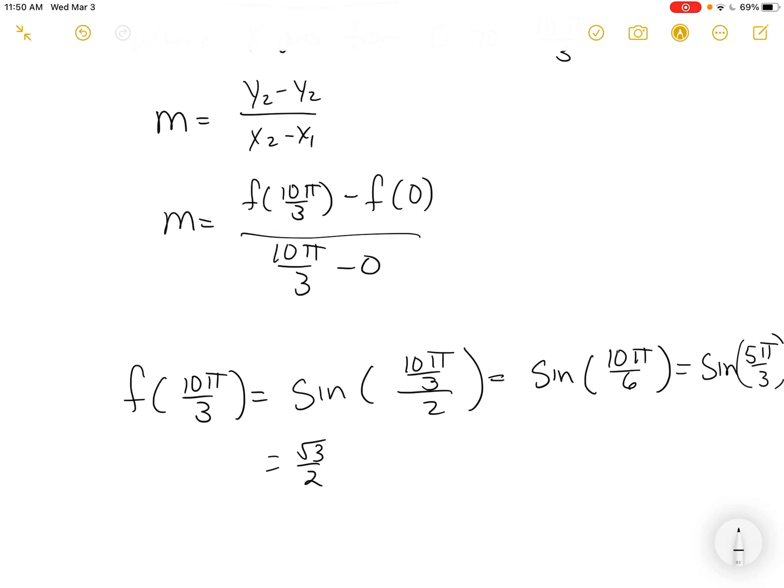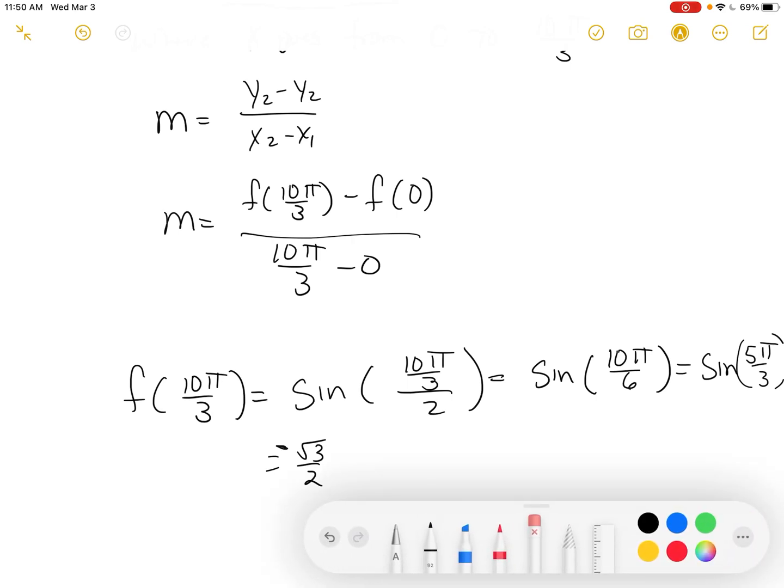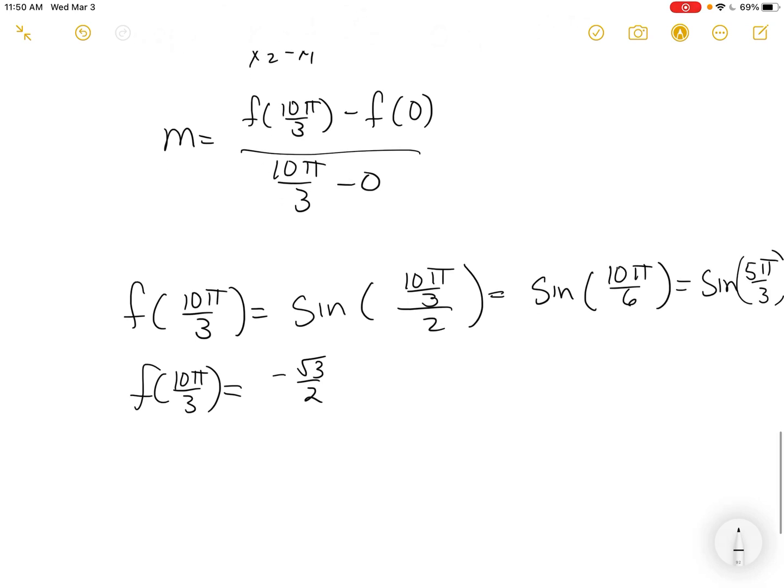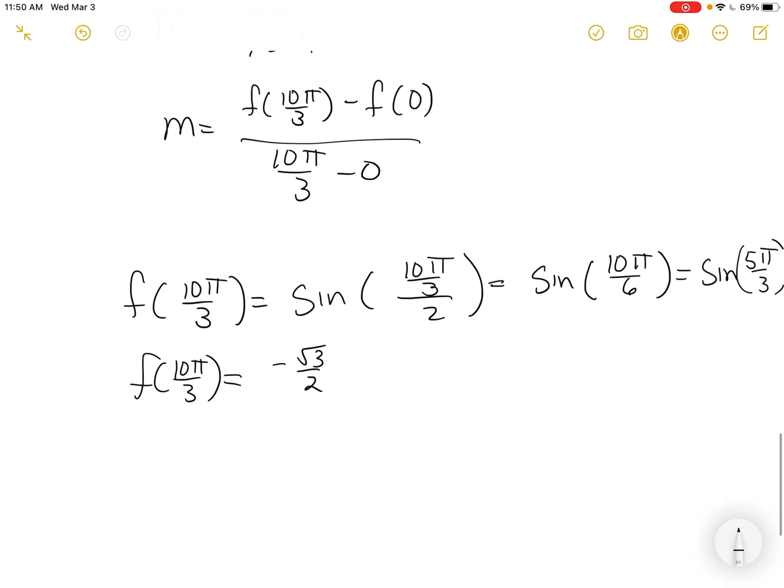I'm in the fourth quadrant. All students take calculus. Uh-oh, it's going to be negative in that quadrant. So I get negative root 3 over 2. But we hope that going through a formal trig class, which is a prerequisite to this class, you would know those really, really quick. It is way worth your time to memorize these values.